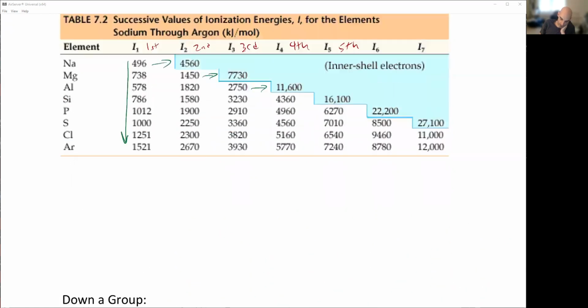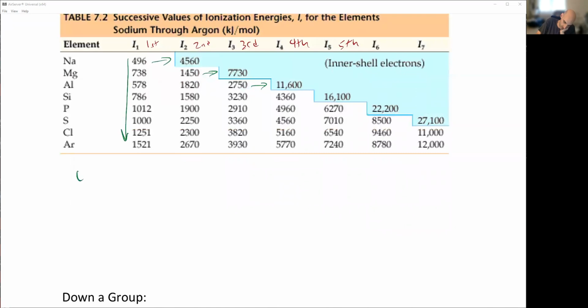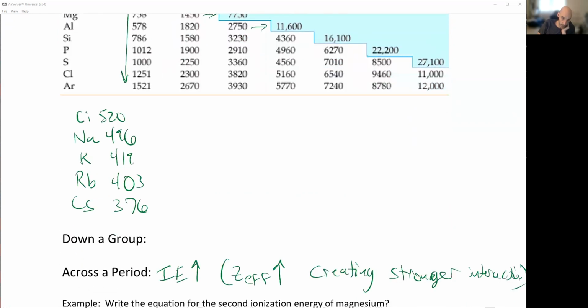How about down a group? We don't actually have anything, so let me give the values to you. Lithium had 520. Sodium has a value of 496. Potassium is 419. Rubidium is 403. And cesium is 376. So as we go down a group, ionization energy decreases.